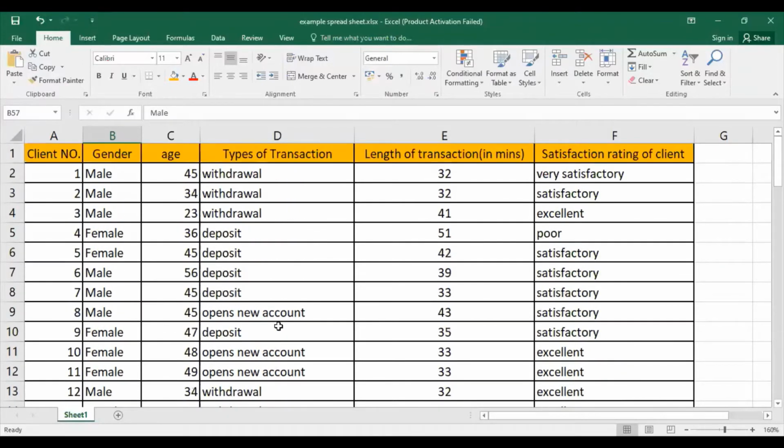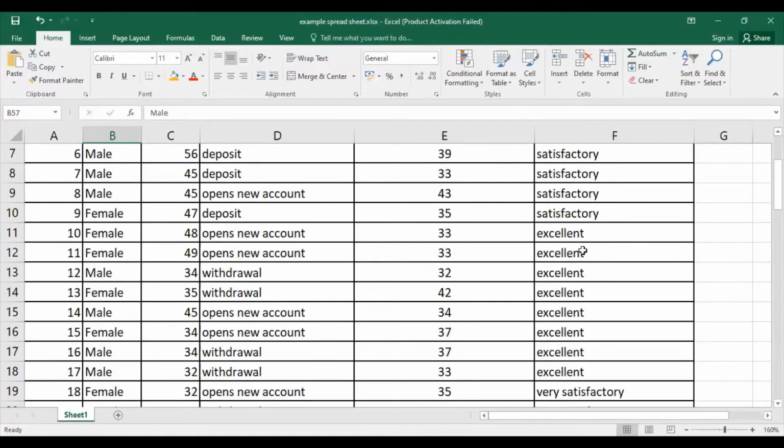And length of transaction in minutes, we have also varied values, and the satisfaction rating of client, that is in descriptive value: very satisfactory, satisfactory, excellent, and poor. There are only 4. So we have excellent, very satisfactory, satisfactory, and poor. There is no very poor.